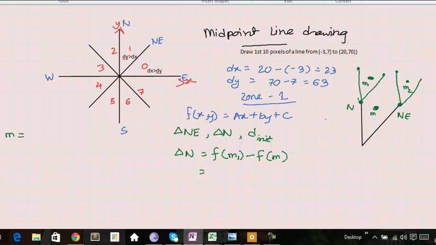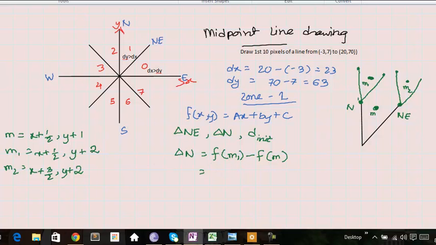So m is (x plus half, y plus 1). m1 is (x plus half, y plus 2). m2 is (x plus 3 by 2, y plus 2).